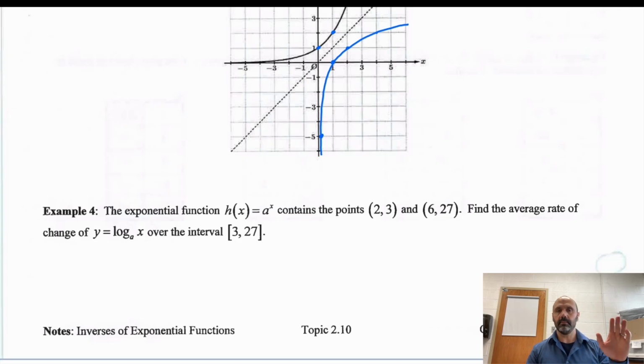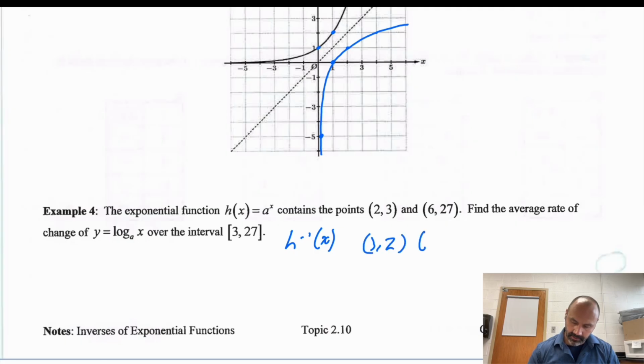Okay, well, since log base a of x is the inverse of a to the x, then I just switch the points, right? So h to the -1 of x would have 3, 2 and 27, 6.